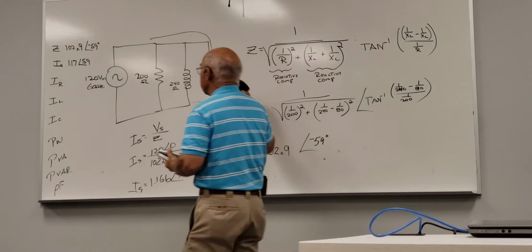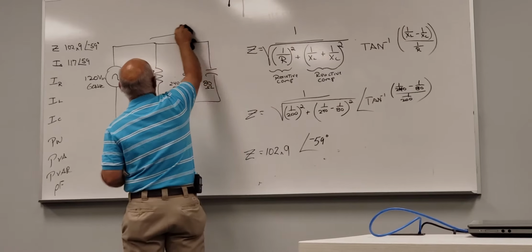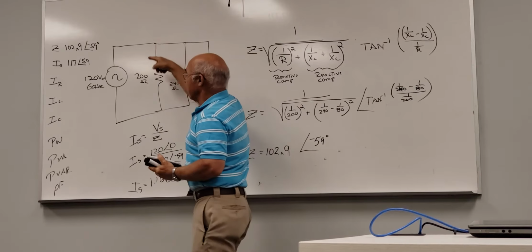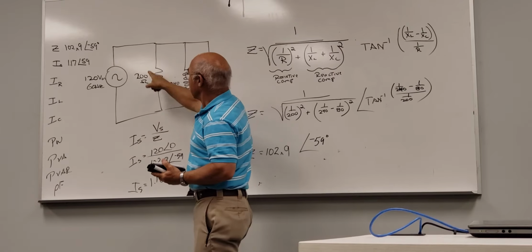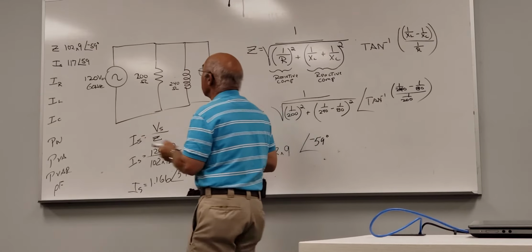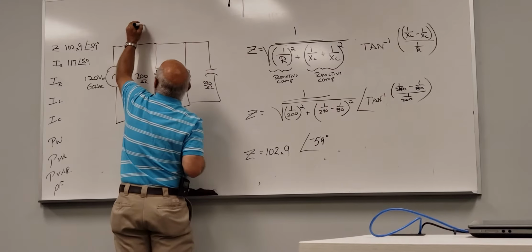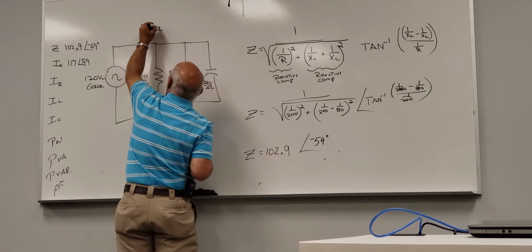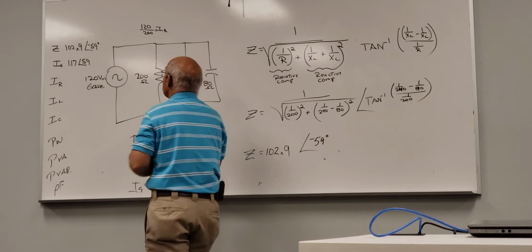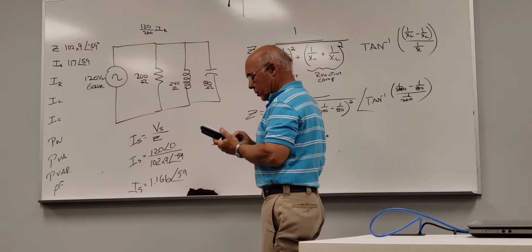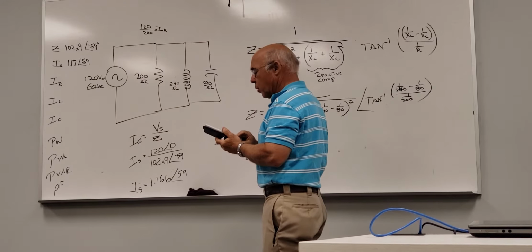All right. Now let's see what we got current-wise for each component. We got 120 volts across everything. The resistor current will be 120 divided by 200, which is 0.6 amps.